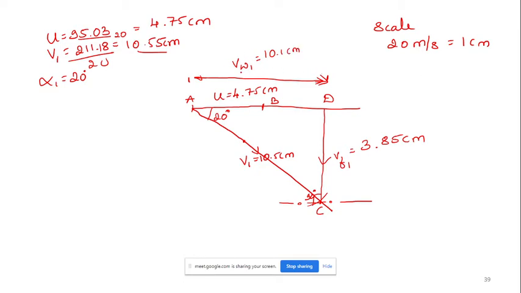So this AD is nothing but your VW1. This is your VF1 and this is your VW1. Okay. Till here everything is fine? Yes, sir. Any doubts over here?